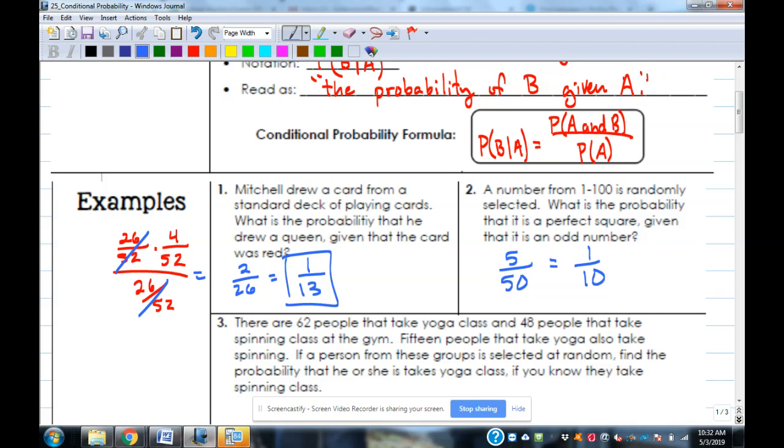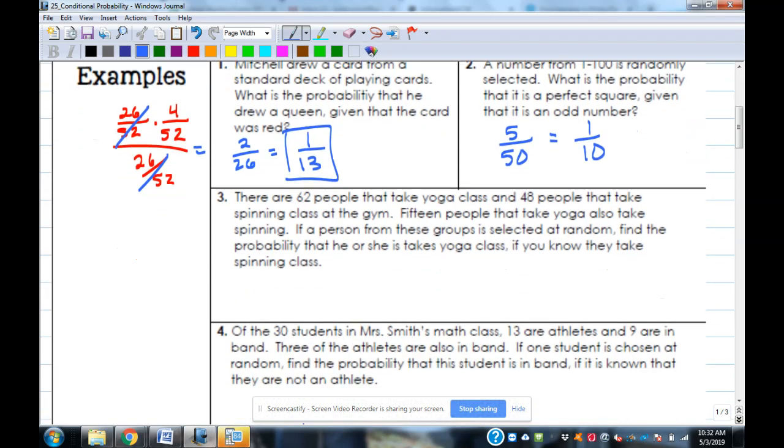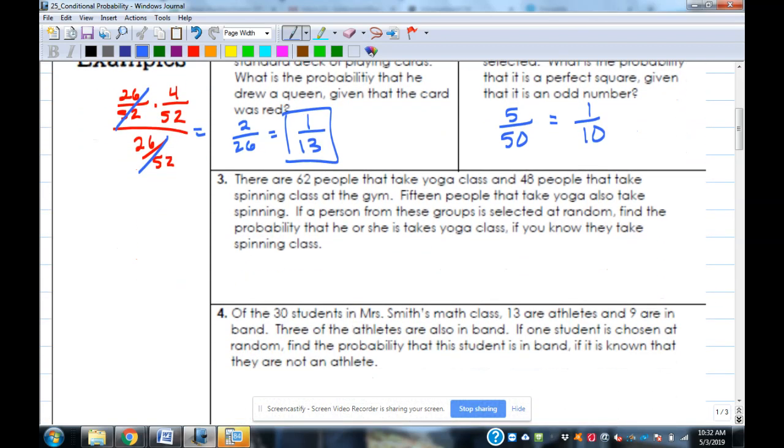But let's look at number 3 and take a different approach. There are 62 people that take a yoga class, 48 people that take a spinning class at the gym, and 15 people that take yoga and also take spinning. If a person from these groups is selected at random, find the probability that he or she takes a yoga class if you know that they take a spinning class.